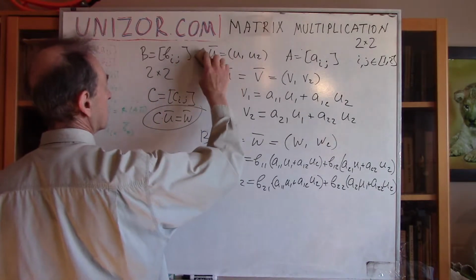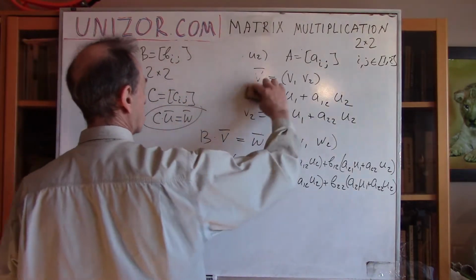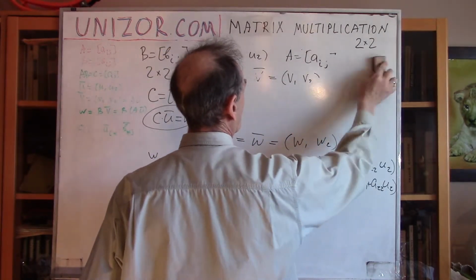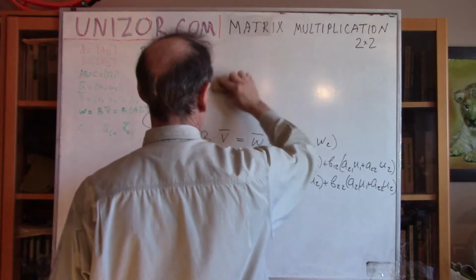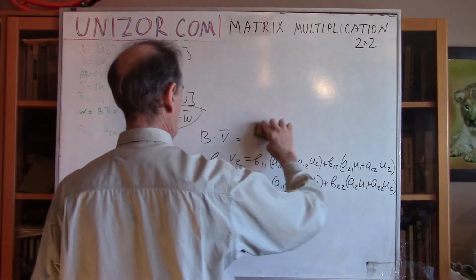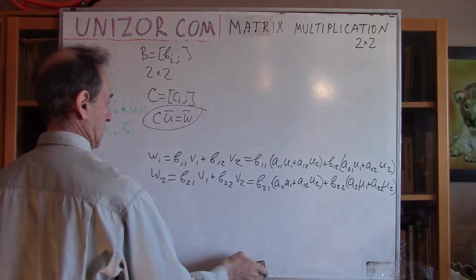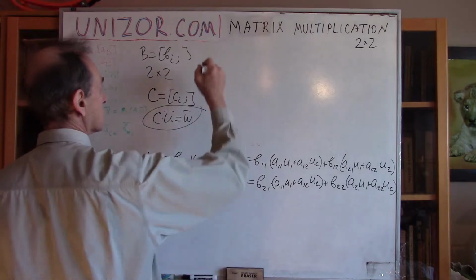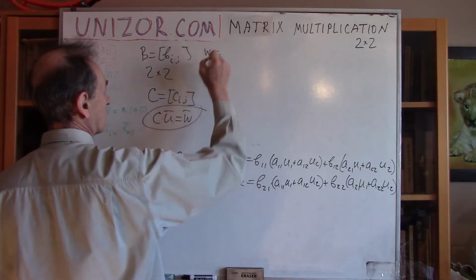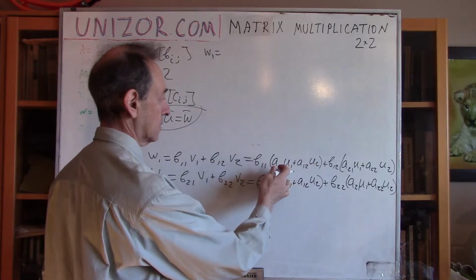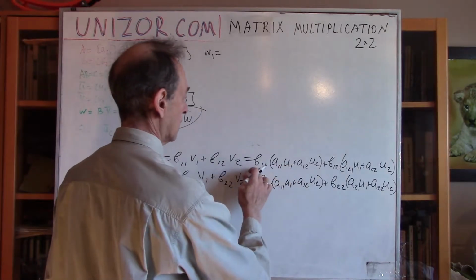So let me just wipe out this thing. What I will get is W1 equal to something multiplied by U1. Now, what is multiplied by U1?